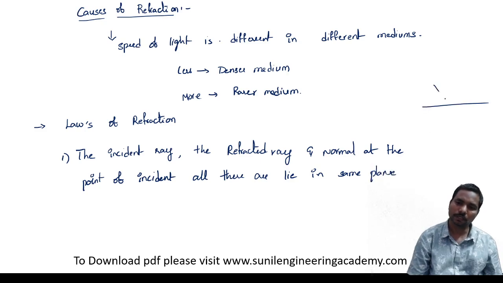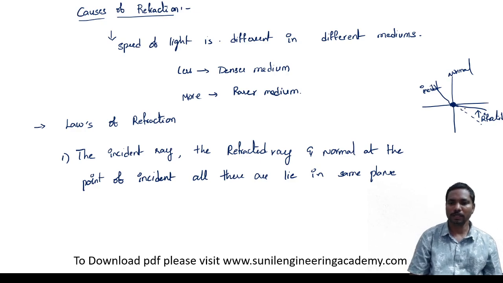Okay, so we can consider this is the normal, this is the incident ray. If it is moving like this, this is the refracted ray. So at this point, all are at this point only, na? So all the rays meet at this point. So that is the first law.